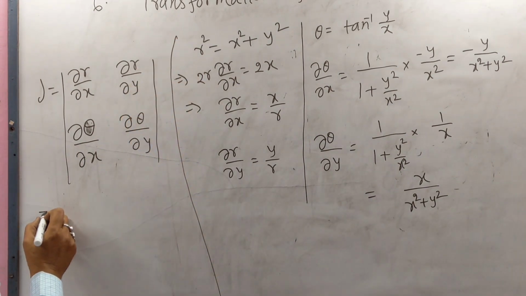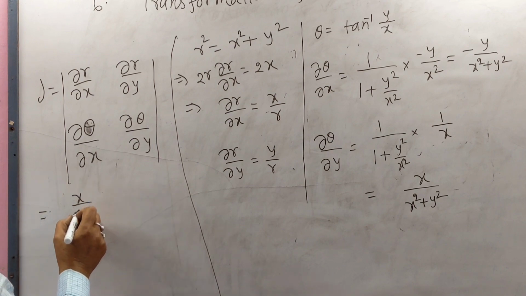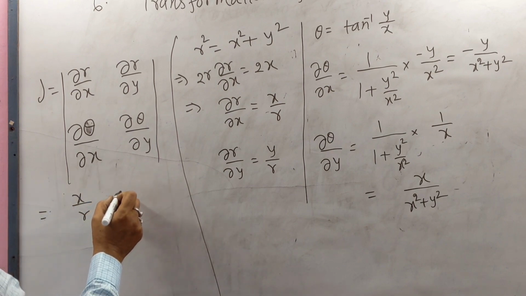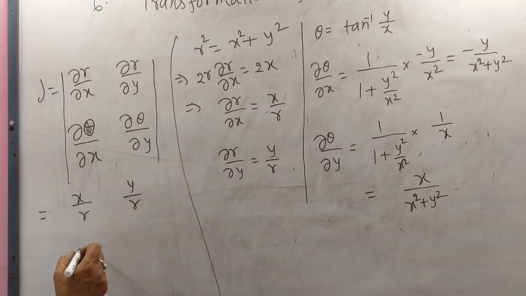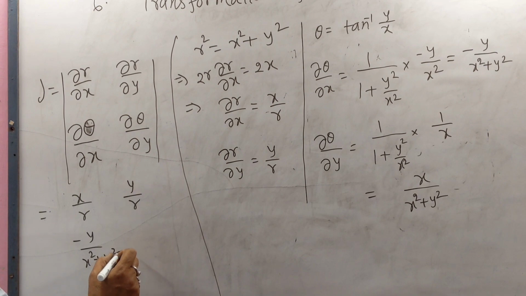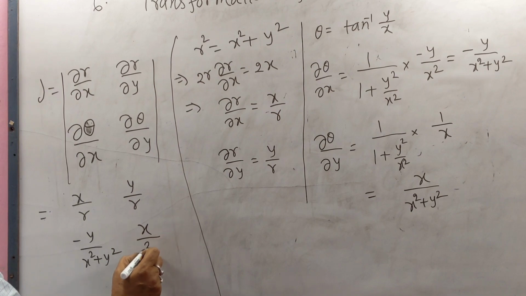This is equal to x by r, this is equal to y by r, and this is equal to minus y by x square plus y square, and this is x by x square plus y square.